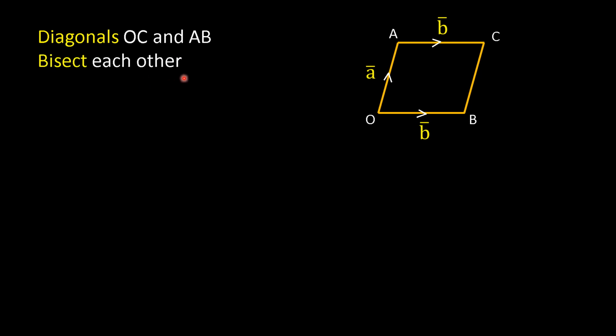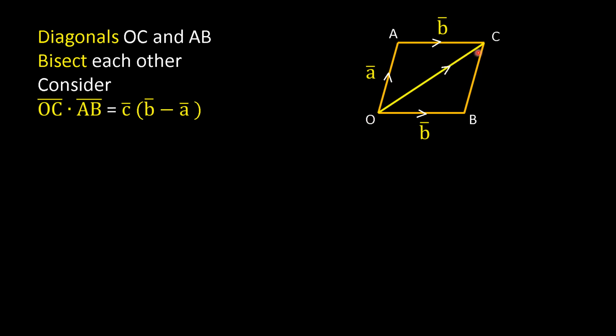Now we will prove they bisect each other at right angles. For that, we will consider OC bar dot AB bar. OC bar is C bar and AB bar is B bar minus A bar. But C bar is B bar plus A bar.